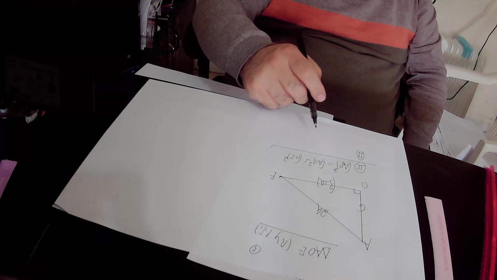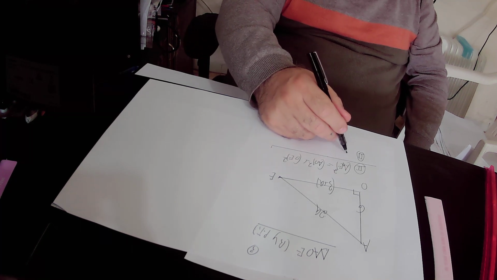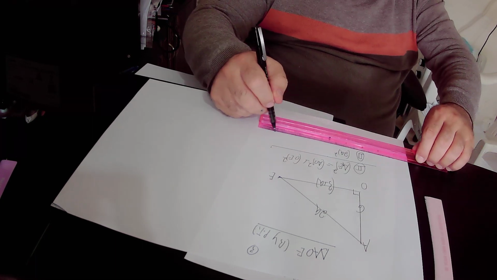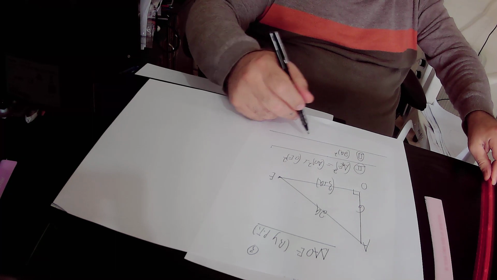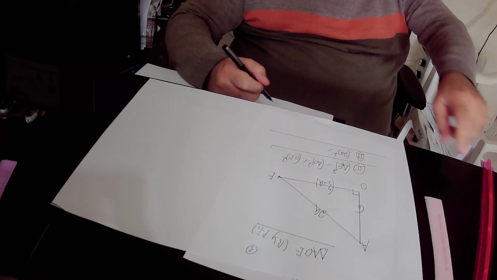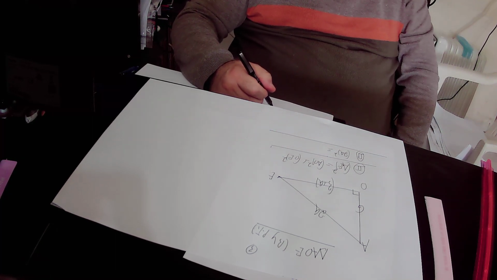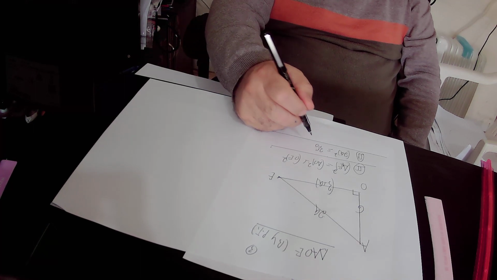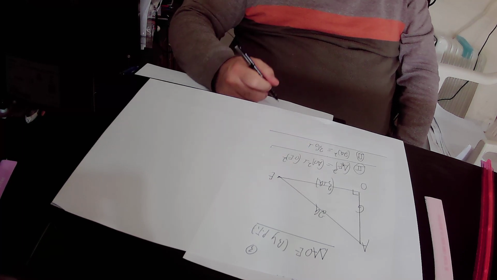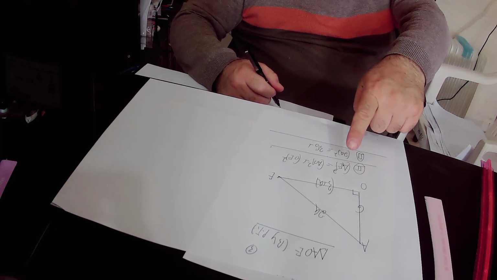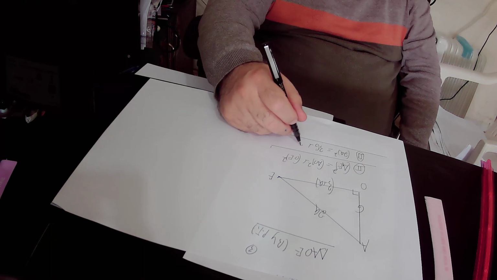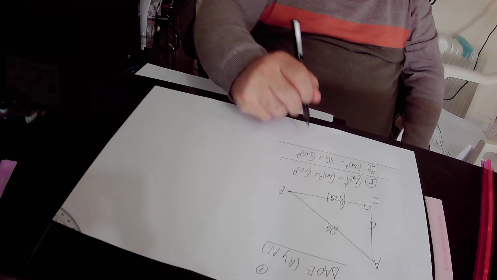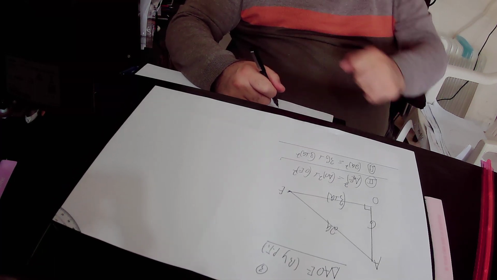AE equals 2a, so AE squared is 2a squared. And it is equal to AO squared. AO equals 6, so AO squared is 6 squared, that is 36, plus OE squared. OE equals 3 plus a, so OE squared will be equal to 3 plus a squared. So according to equation number 2, we found out that 2a squared equals 36 plus 3 plus a squared.